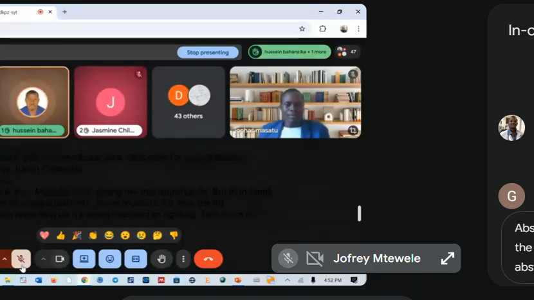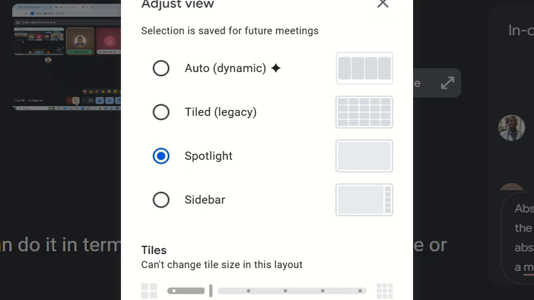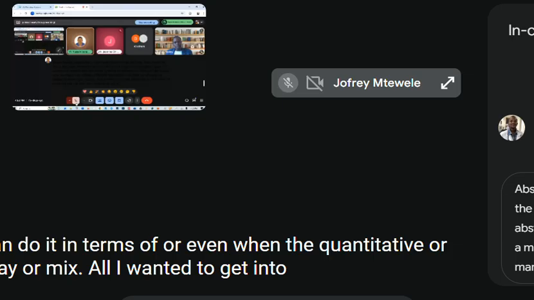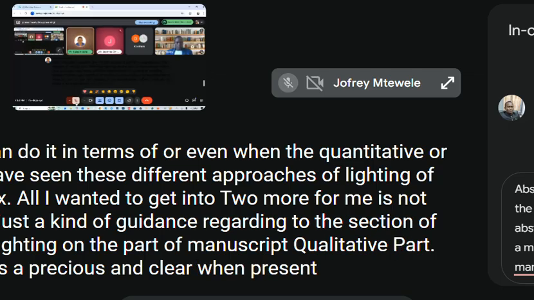So for me, it's not a clear question, but just a kind of guidance regarding the section of results and findings writing in the manuscript, where we have seen that there are different approaches to tackling research, where you can do it in terms of qualitative, quantitative, or mixed method. So I wanted to get guidance regarding the qualitative part. How can we make it as precise and clear when presenting our findings?